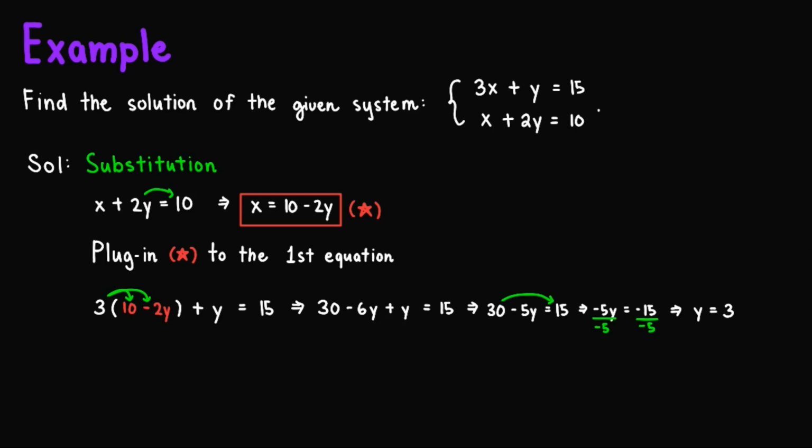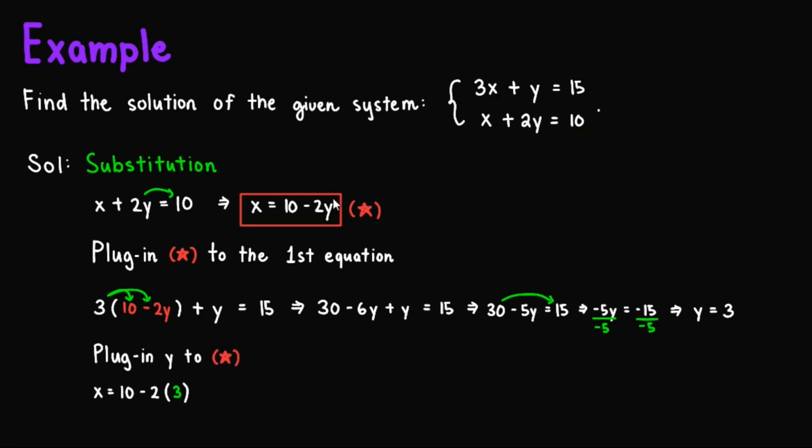Now, similar to the elimination method, we can plug in this value to the first equation or the second equation. Or we can also plug it into the equation star, since we know that this equation is just the second equation but modified. So plugging it into this one, we obtain x equals 10 minus 2 times 3.